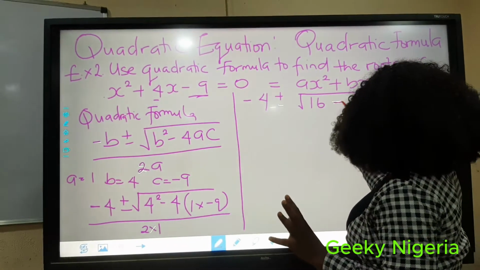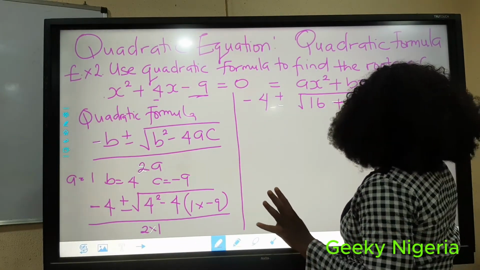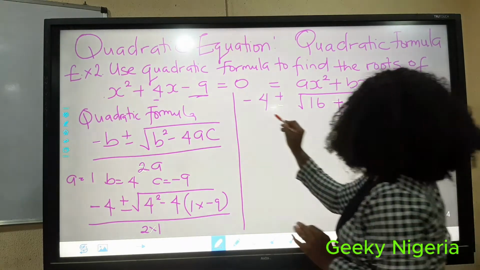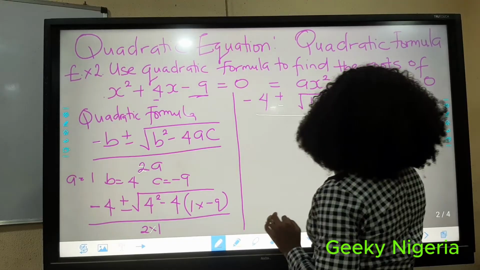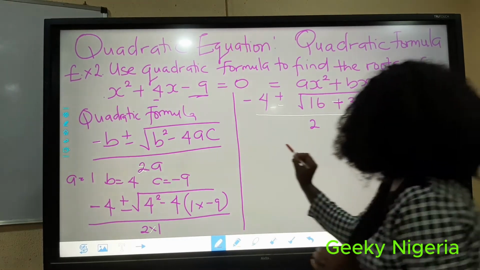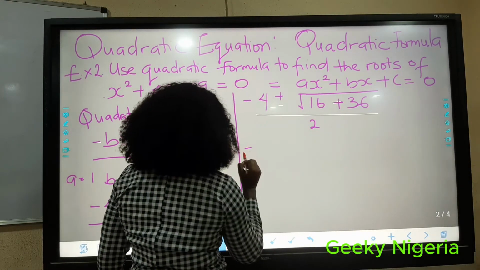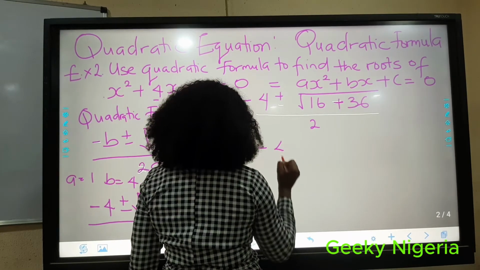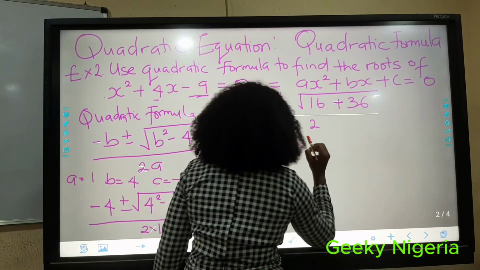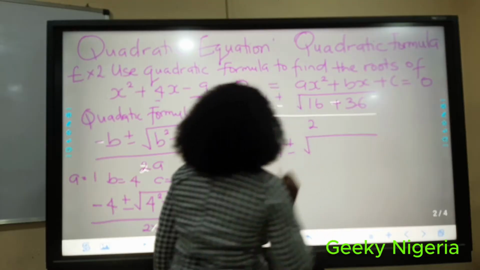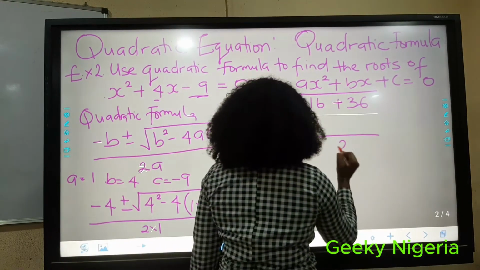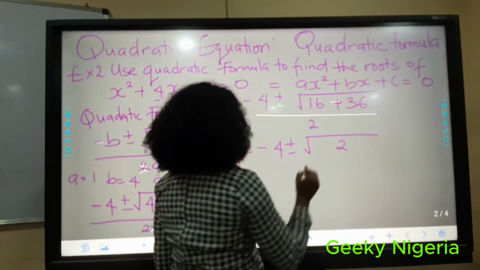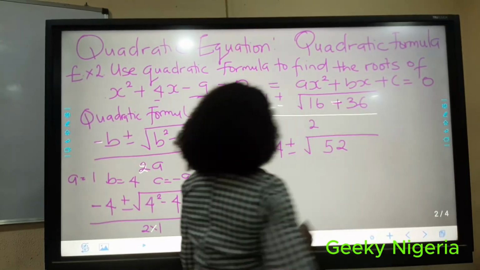So instead of having minus, we have plus 36, all over 2 times 1, 2. So you can continue. You have minus 4 plus or minus the square root of 36 plus 16, which is 52.